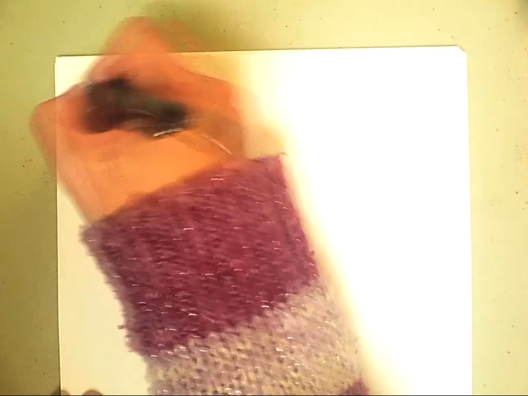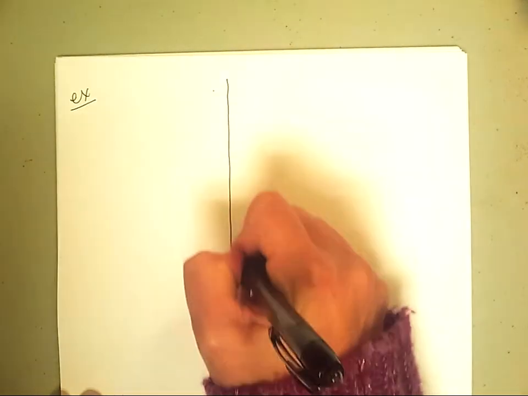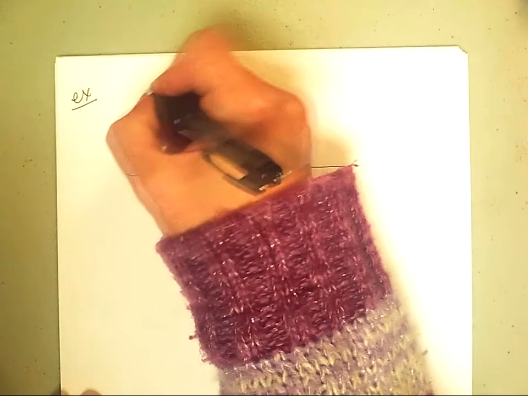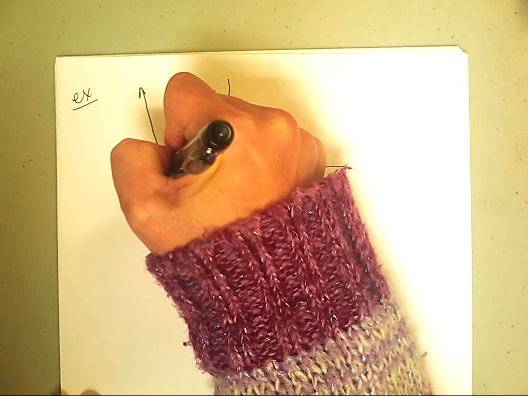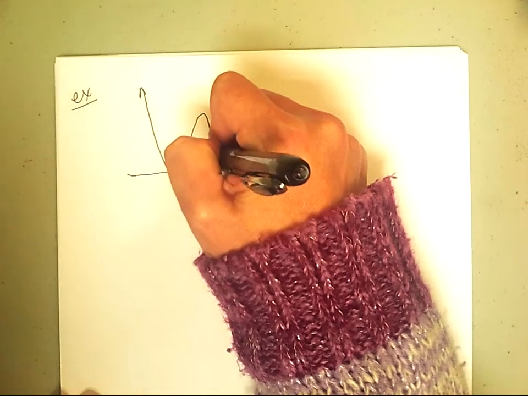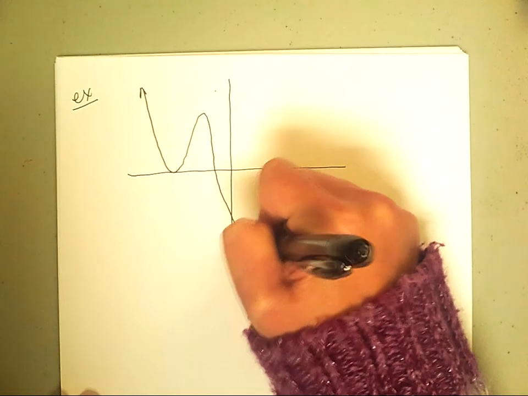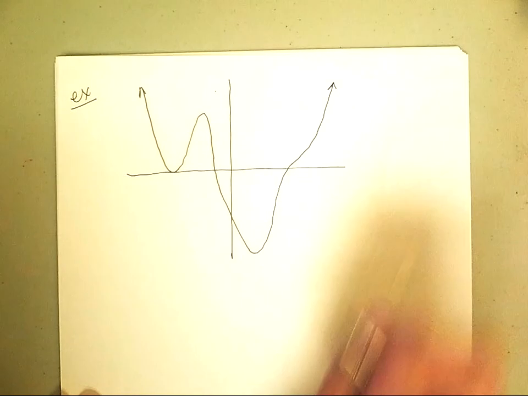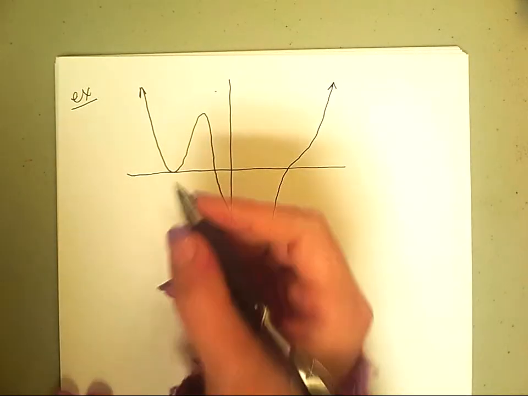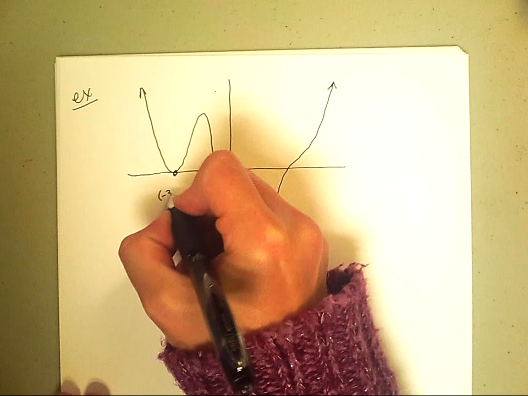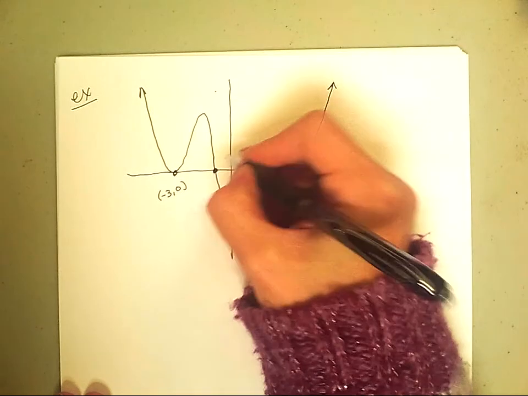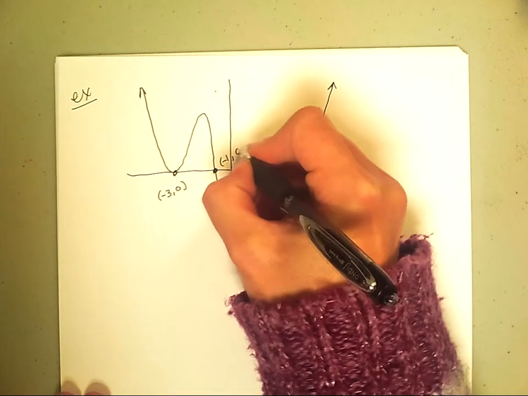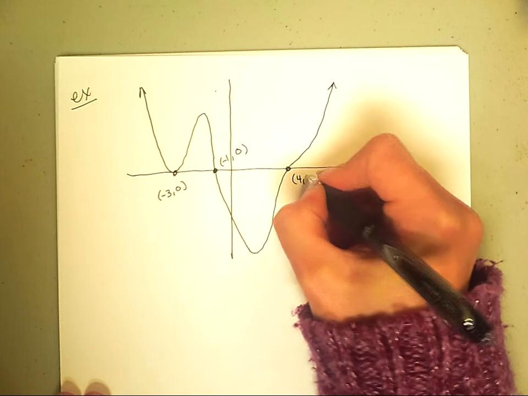Okay, let's look at a different graph and see what we can determine from it. So let's say we have a graph that bumps, and then crosses, and comes down, and then crosses. And let's say this is the point negative 3, 0, and that this is the point negative 1, 0, and that this is the point 4, 0.